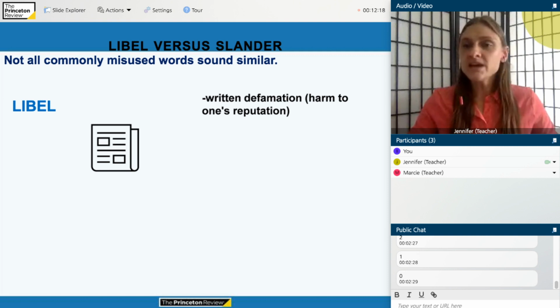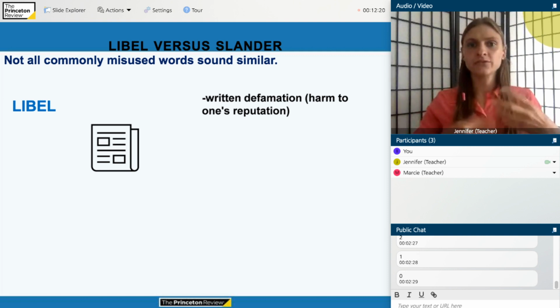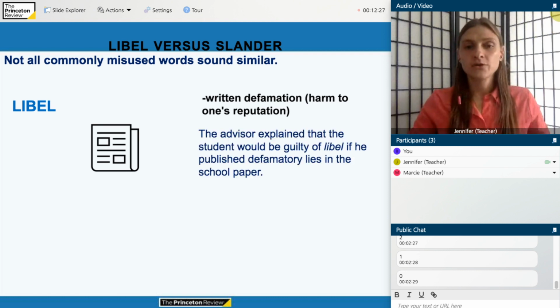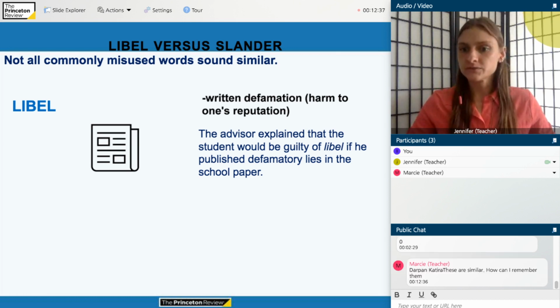Well, it's written defamation, and defamation is the idea that you're causing harm to someone's reputation. So, for example, the advisor explained that the student would be guilty of libel if he published defamatory lies in the school paper. So if it's written, it is going to be libel.